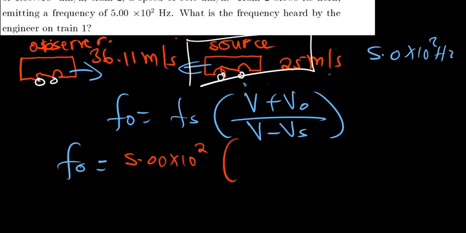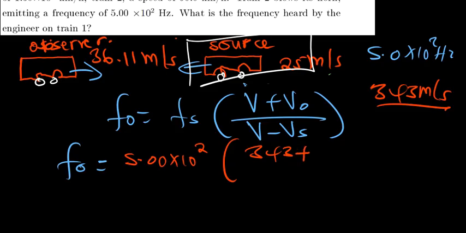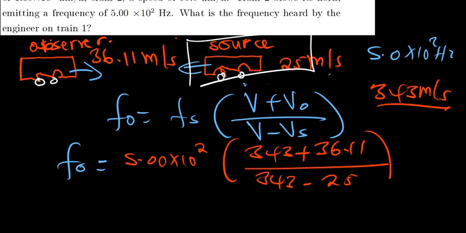This V is always constant. We are talking about the speed of sound in air at 20 degrees Celsius. That is 343, so you always use 343 meters per second. So 343 plus VO, the velocity of the observer, which is 36.11. Then again here 343 minus the velocity of the source from our calculations, which is 0.5.